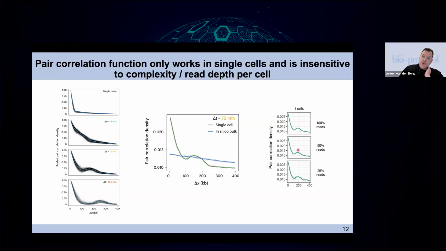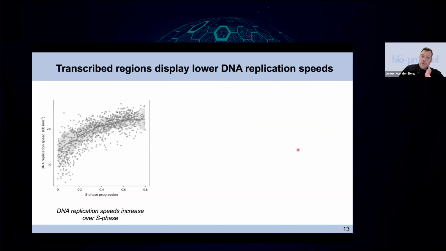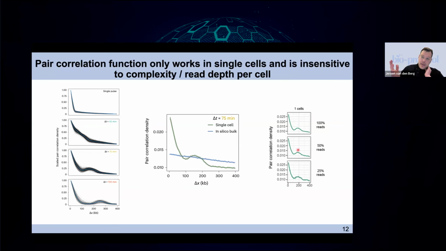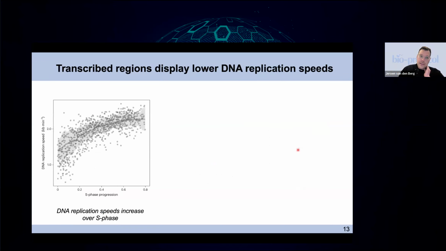So this is all very technical, but what does it now mean? Is there any real biology in these data? So what we did is subject regular non-transformed RPE1 cells to this method. And then again, here I show this S-phase progression, so this alignment of progression through S-phase from the start to the end of DNA replication, and our measured DNA replication speed, as I just explained to you, the middle of this cyan distribution.